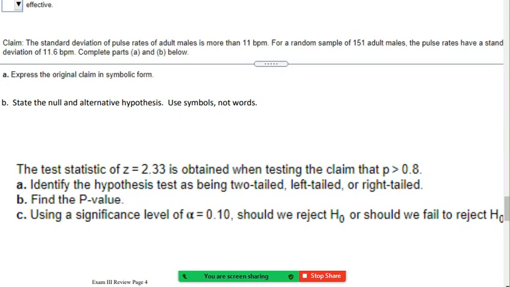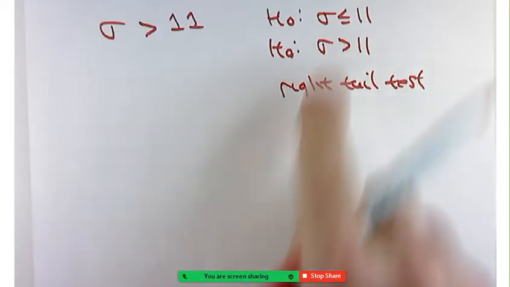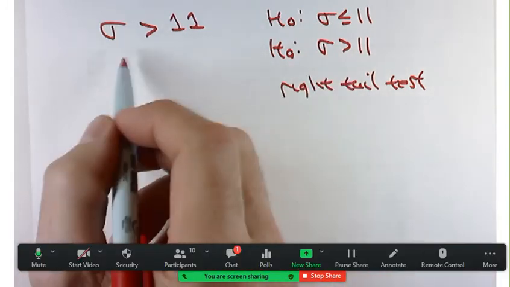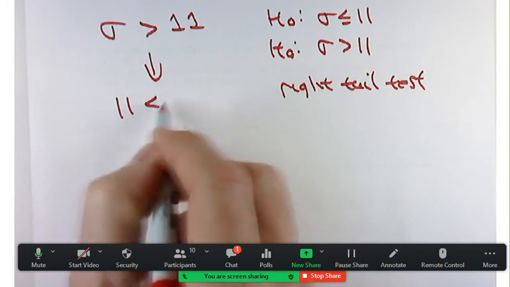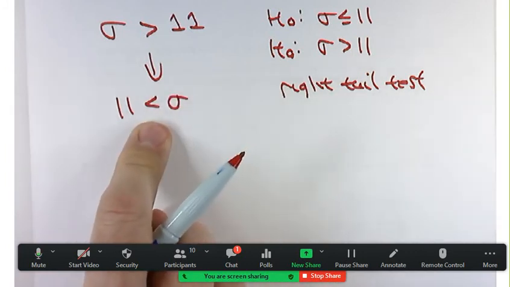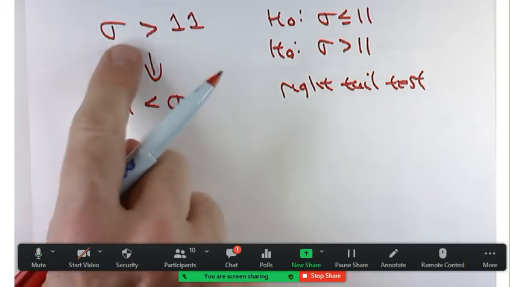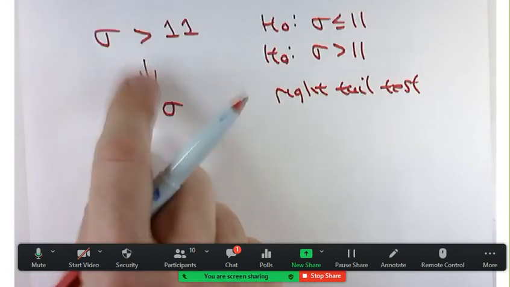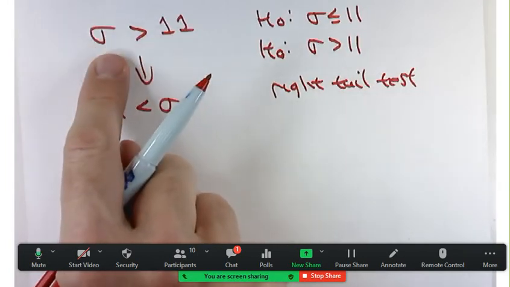If there's a greater than sign, can you just assume that it's going to be a right tail? Generally, the right tail, left tail stuff works like you would think as long as your parameter is on the left-hand side of your inequality. I could write this as 11 is less than sigma, and it's still a right tail test because it's equivalent. So yes, as long as you're putting the parameter on the left-hand side.